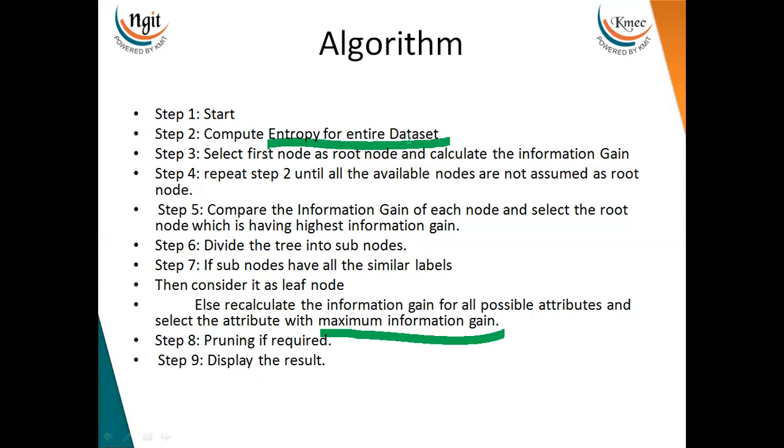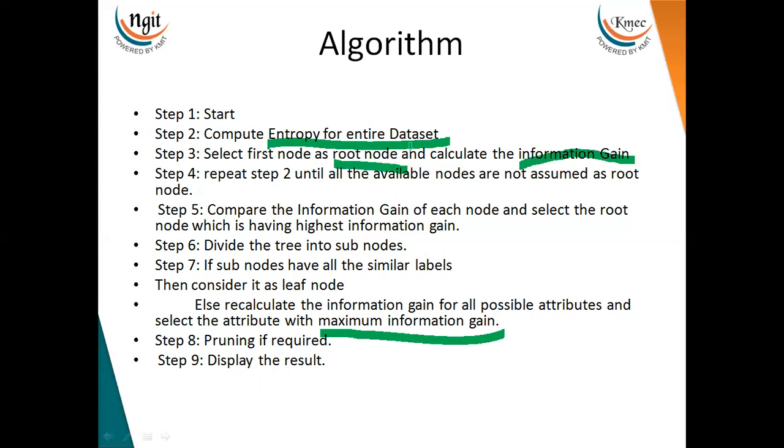That value will be subtracted from the entropy of the entire data set, and I will get the information gain of that feature. In the same way, I will get the information gain for all the features. Out of all those information gains, I will select the maximum, and that will become my first root node.